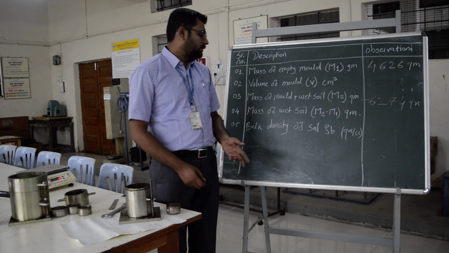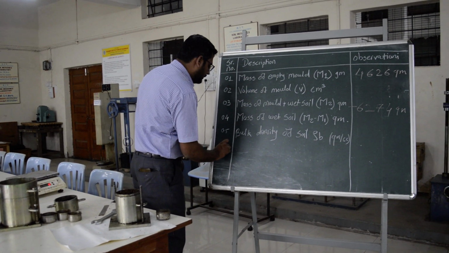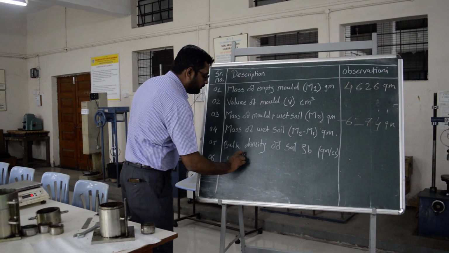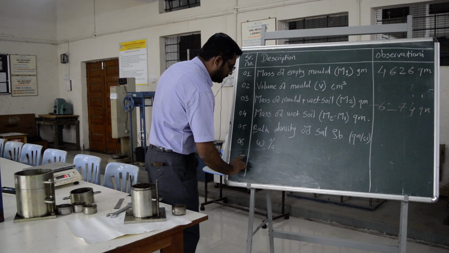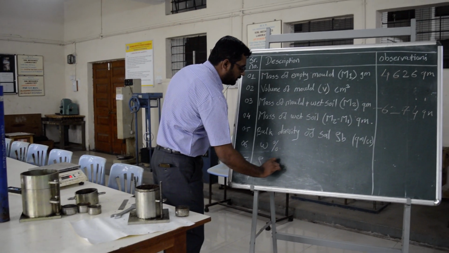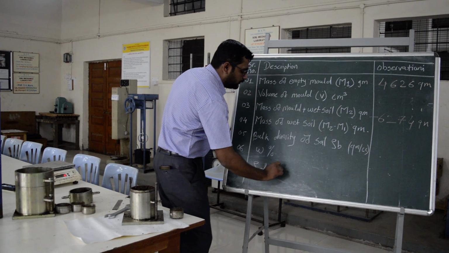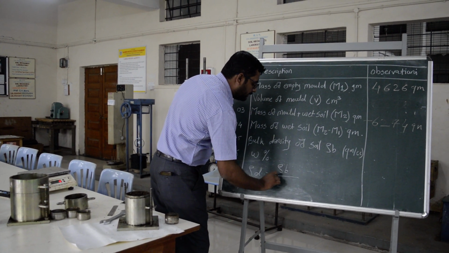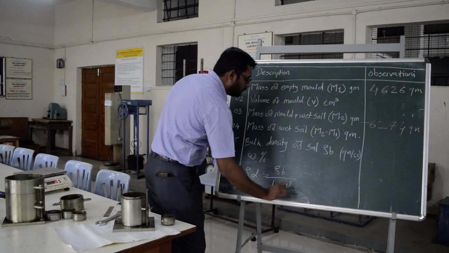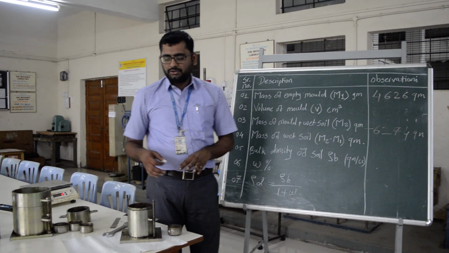Once we get the water content, we can also determine the dry density of the soil sample, which equals the bulk density divided by 1 plus water content. So this is one observation.